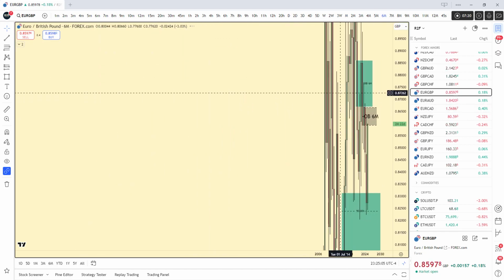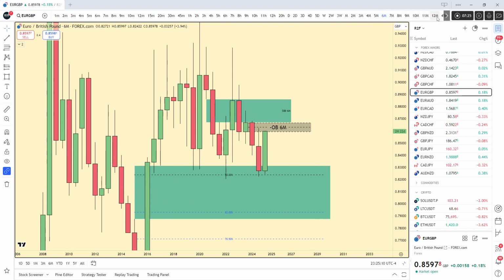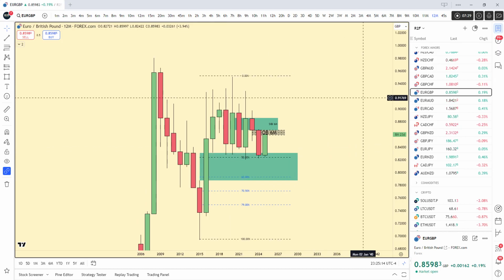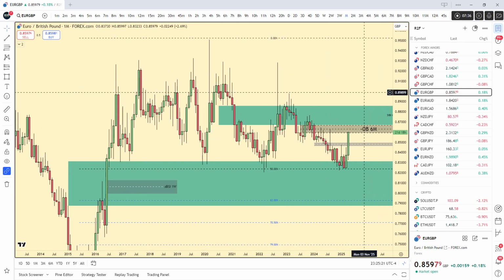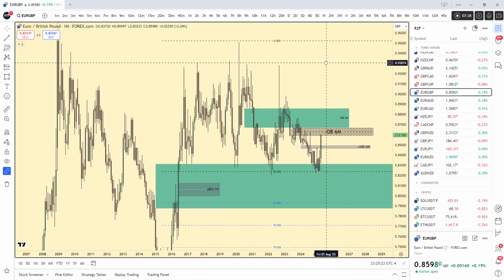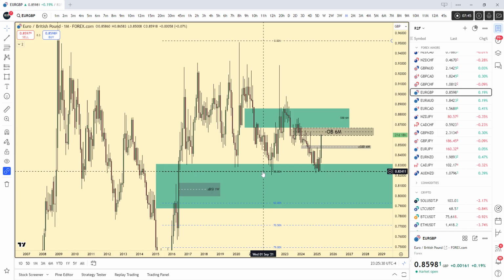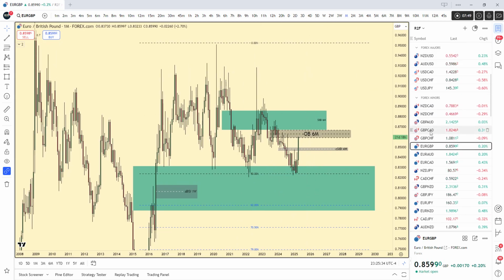So we had that 6 month. Used that nicely. Came down into this. That's a yearly gap. I can't go any higher than the 12 months, so it's the way it is. But yeah, it's really expanding up. Yeah, it's quite choppy consolidation, so it's not really a trending pair at the moment. There is equal lows here, so we could see the pound gain more strength later on compared to euro.